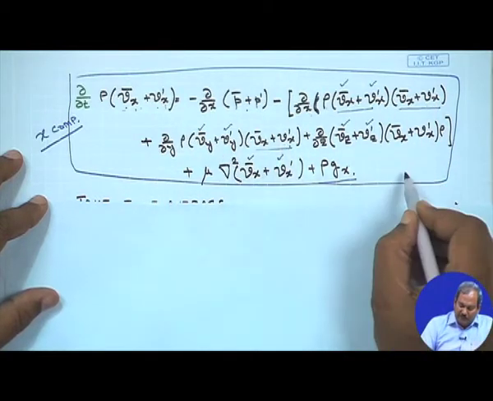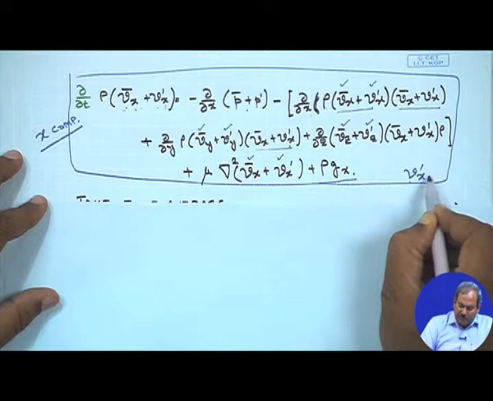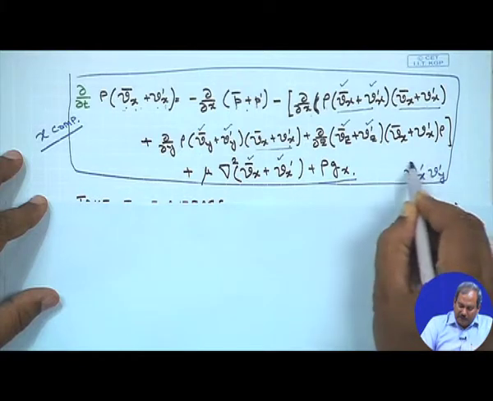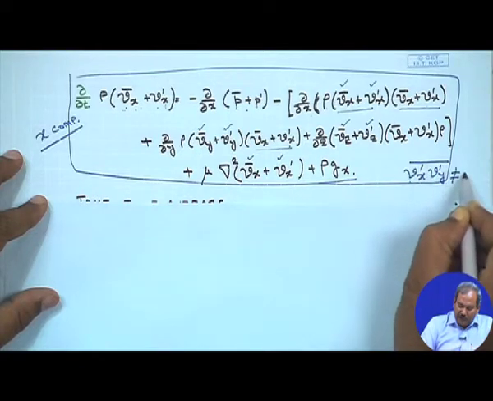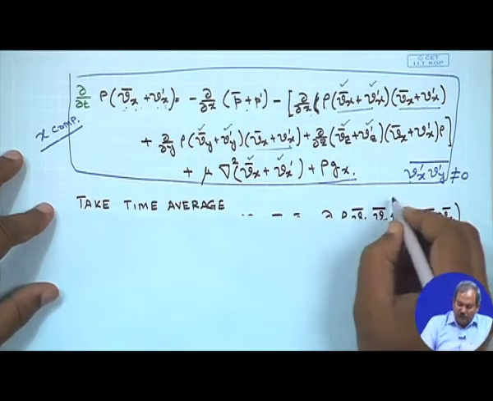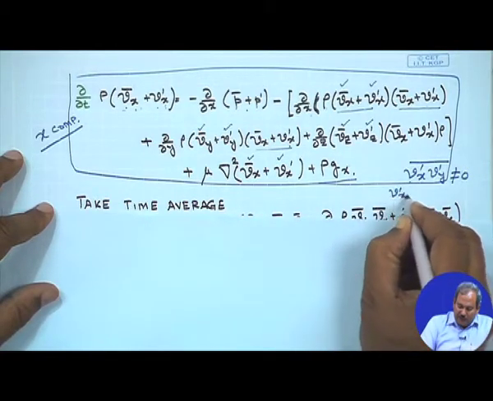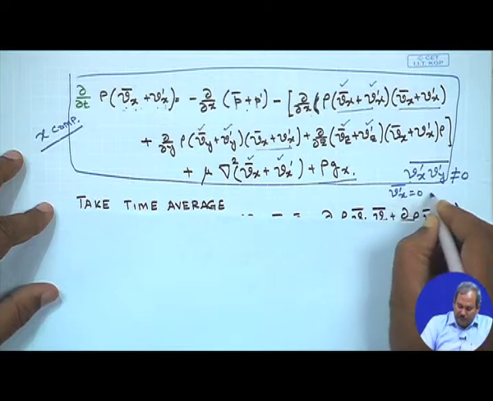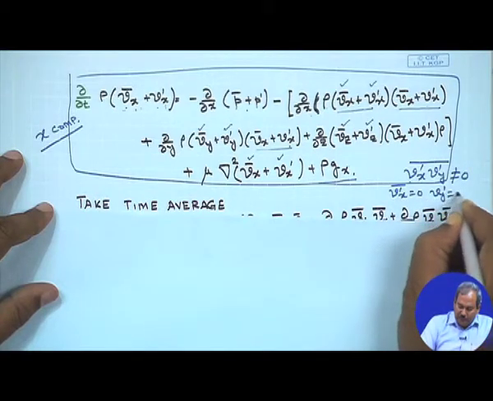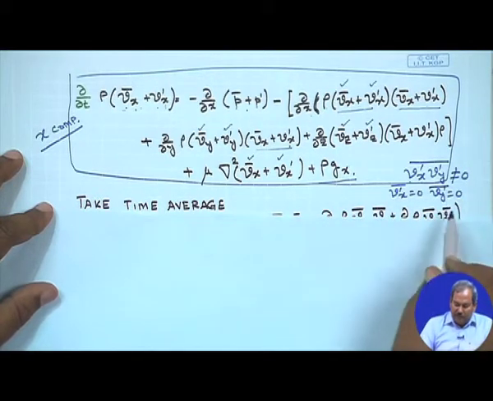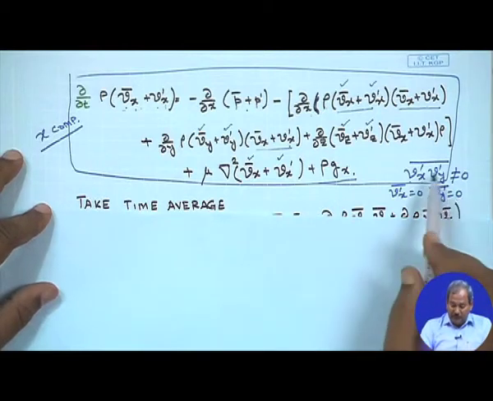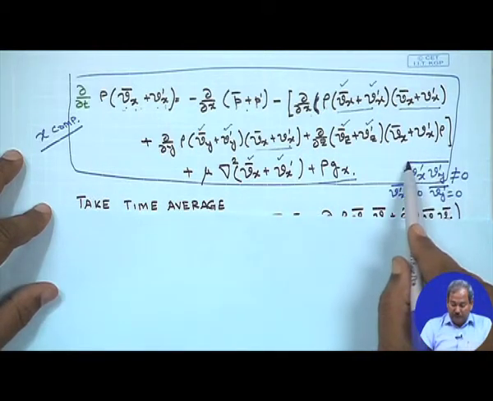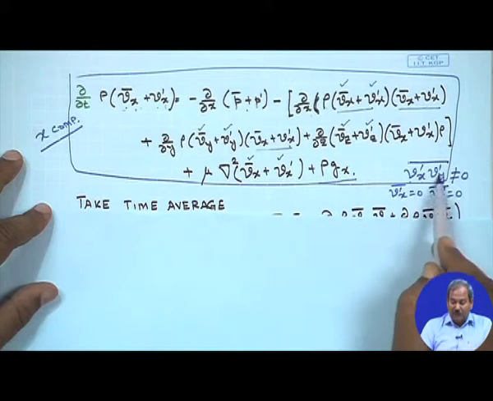And here, for example, you are going to have v prime x, v prime y, and the time smoothing of that is not going to be equal to 0, whereas individually v prime x would be 0, time smoothing of that, and v prime y, if you take the time average of this, it would be equal to 0. But the product of these two, when you take the time average of this, may not be equal to 0.